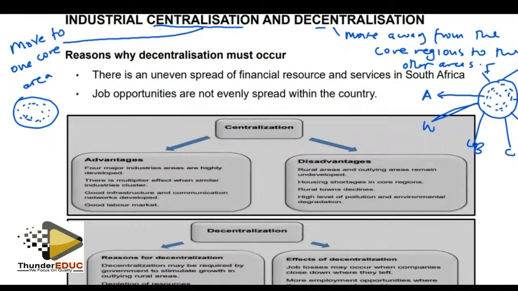Then to centralize, all industries are moving to one given area. All right, now we want to see the advantages and disadvantages, firstly, of industrial centralization.